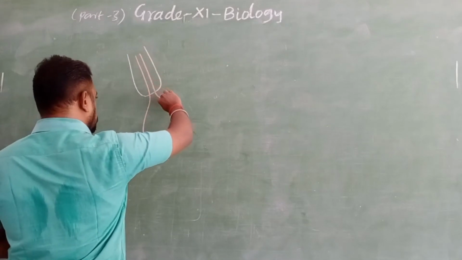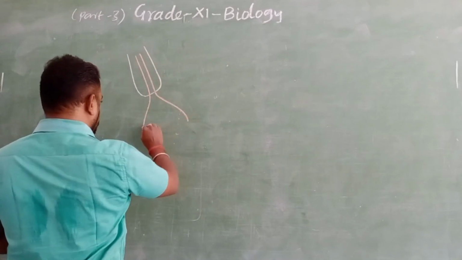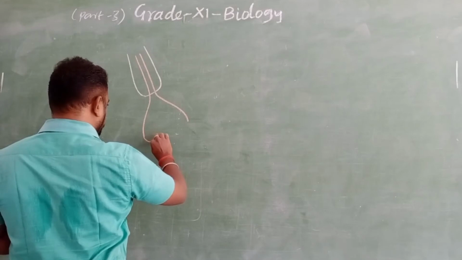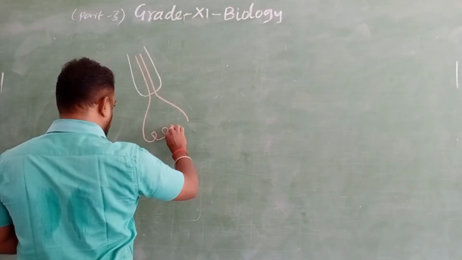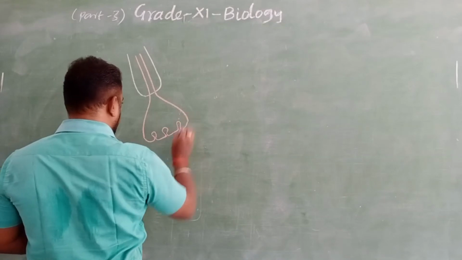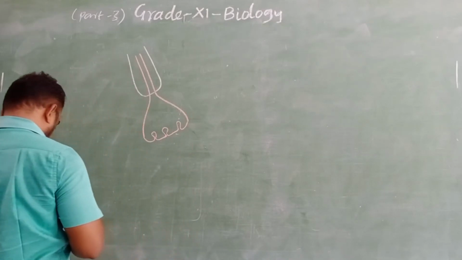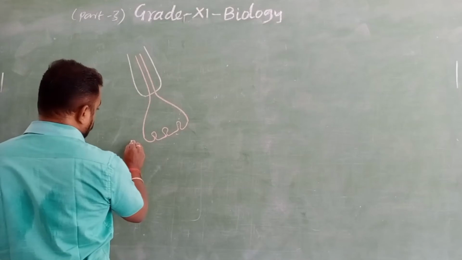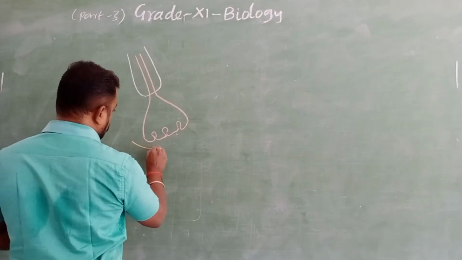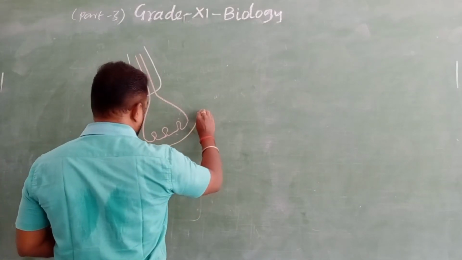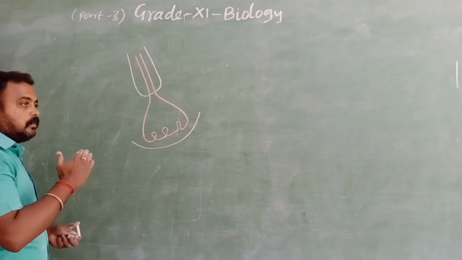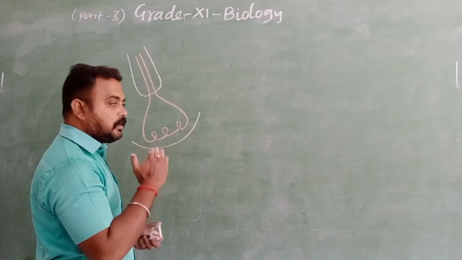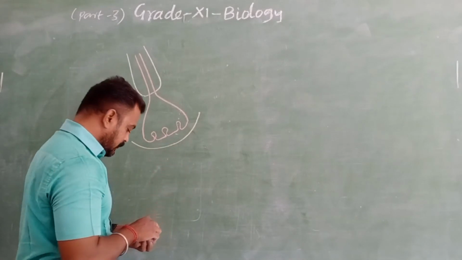Axon, then axon terminal. This is the axon terminal. Actually one neuron and another neuron are connected with a synapse.